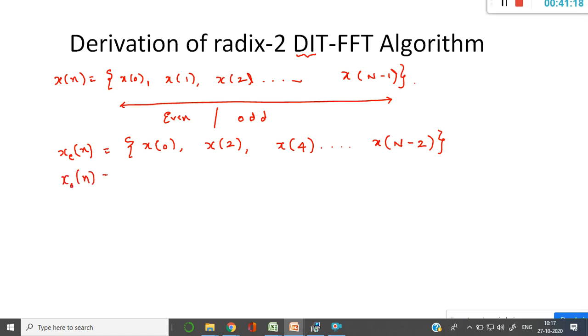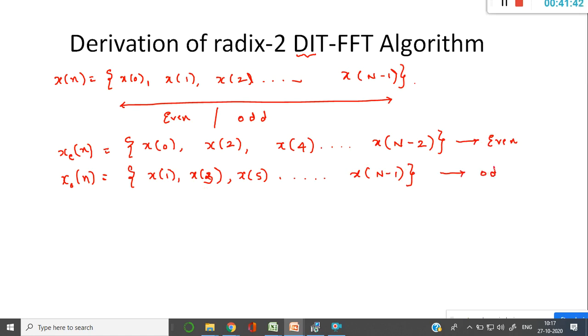Next is x odd of n, this sequence is x of 1 followed by x of 3, x of 5, and it continues. The last value is x of n minus 1, right? So this is how we divide the sequence x of n into an even sequence and an odd sequence.